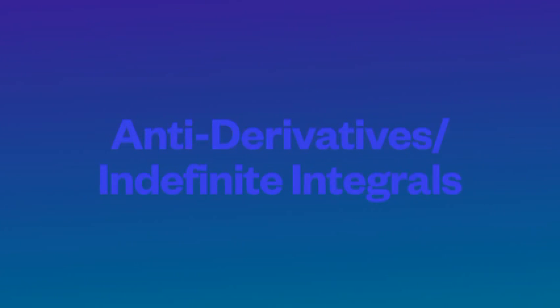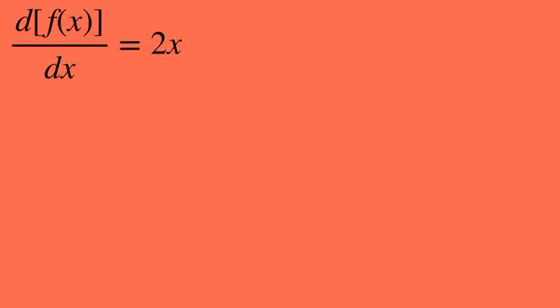So let's just try to calculate some antiderivatives. And hopefully you get the hang of it. There's not much to be done here. So if the derivative of F of x equals 2x, F of x equals x squared plus c.